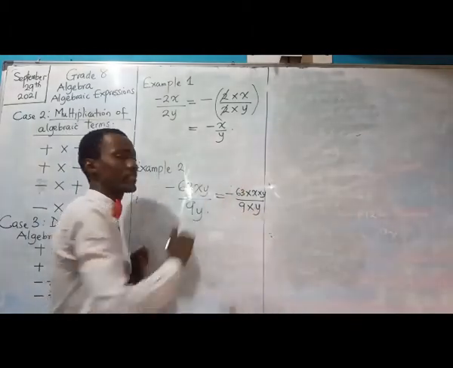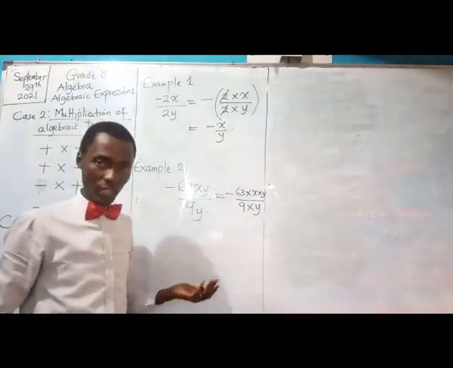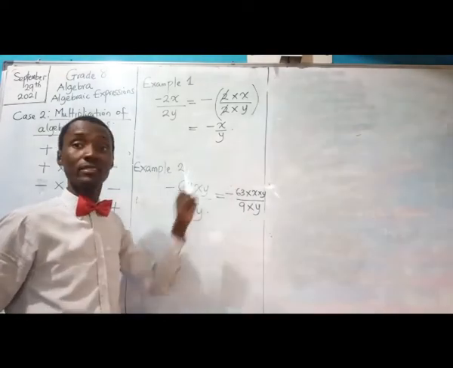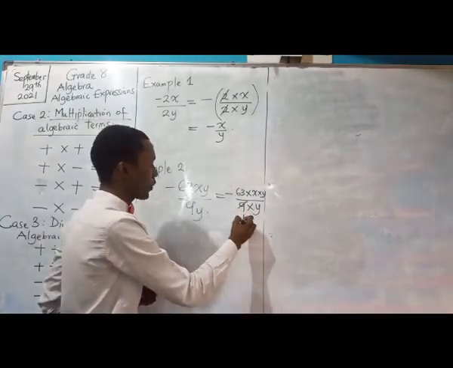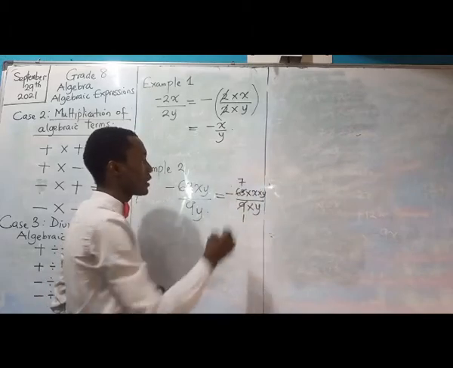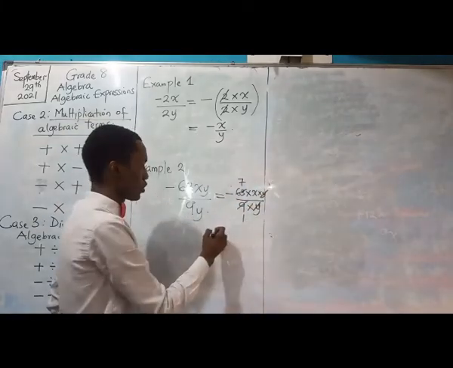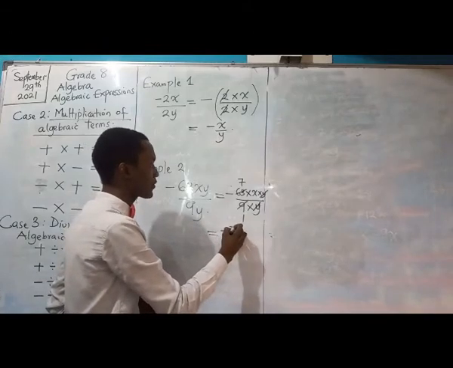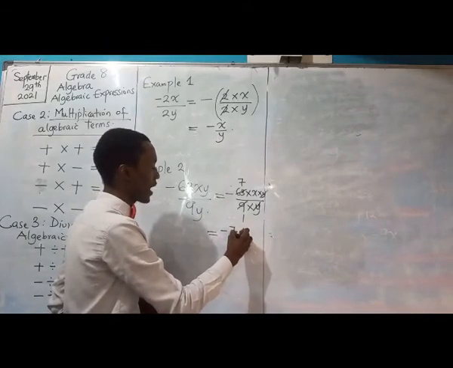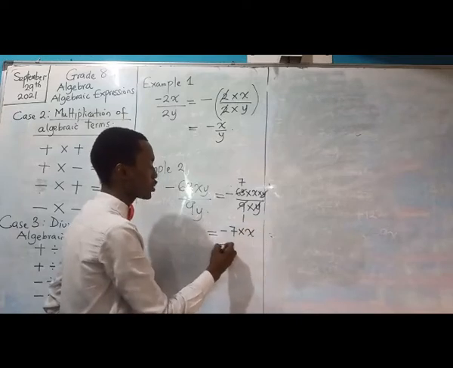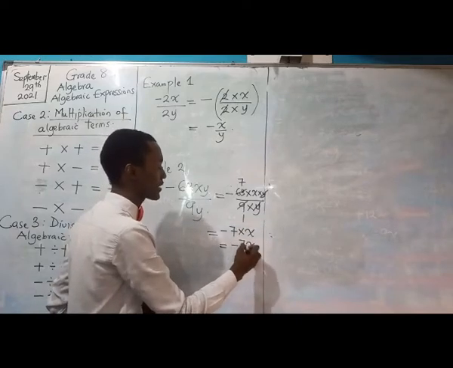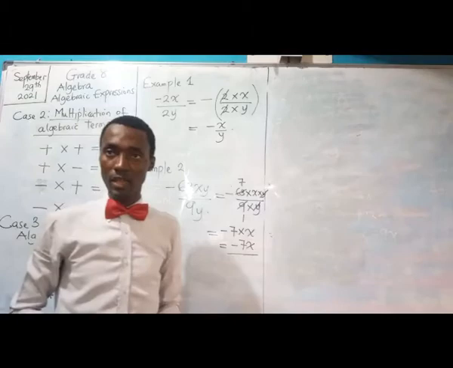What can divide 63? 7. You get 7 when 9 divides that. So 9 divides this, I'll get 1. Into this, I'll get 7. I look at my numerator and my denominator. Y can cancel out. So I'm going to have negative 7 times x, which will be what? Negative 7x as my final answer.